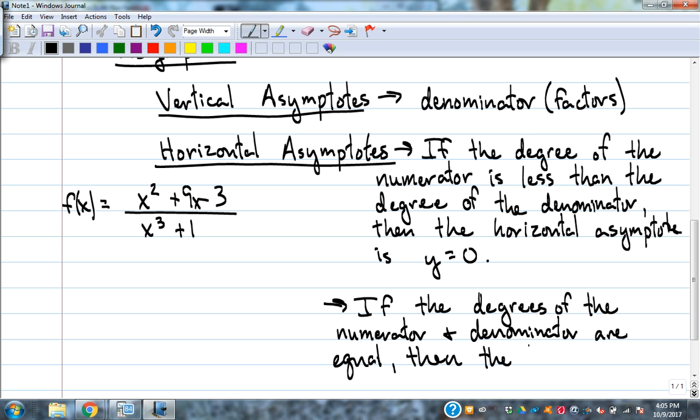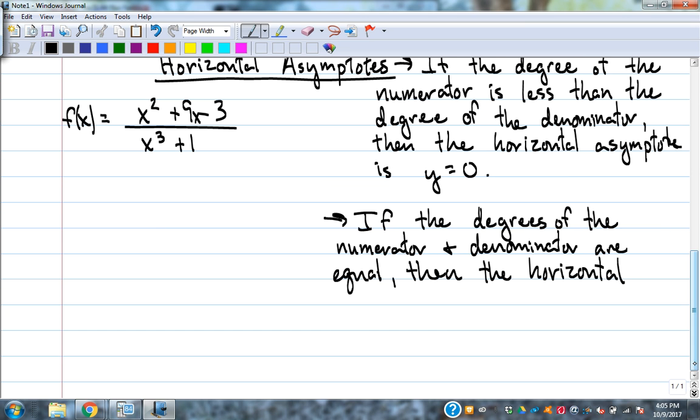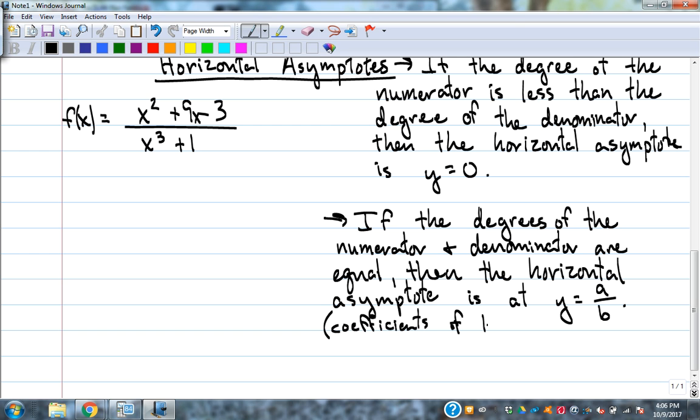Then the horizontal asymptote is at y equals, we'll call it a over b, and that's just shorthand for the coefficients of the leading term.